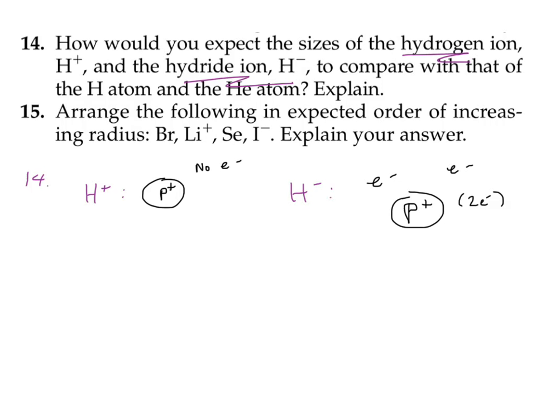So remember, hydrogen can actually appear twice on my periodic tables anyway. Hydrogen can kick off its 1 electron and become H+. It can also pick up an electron and become H-. Of course, with 2 electrons, it's got the electron configuration of helium. So your first question basically is, how would you expect the sizes of those two things to differ?